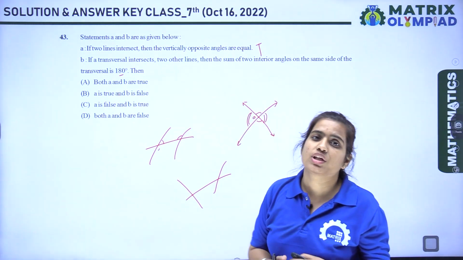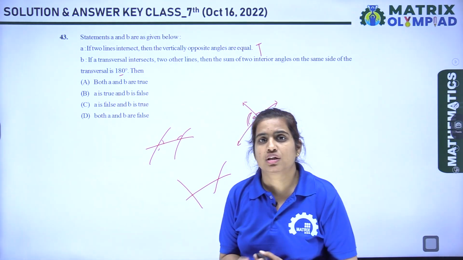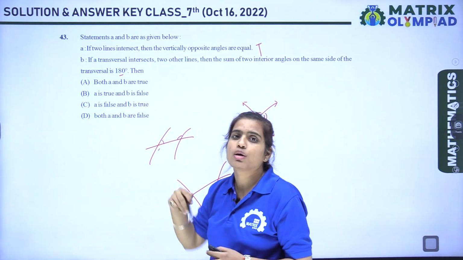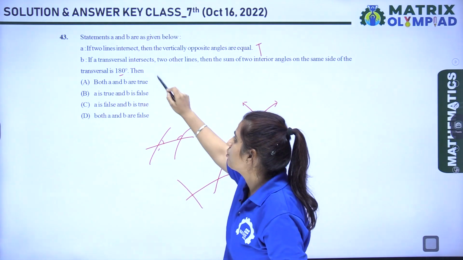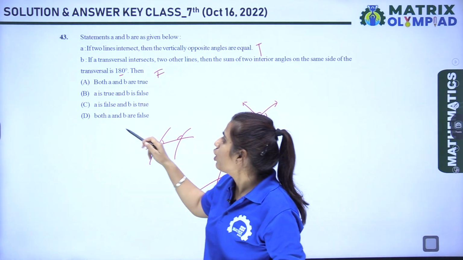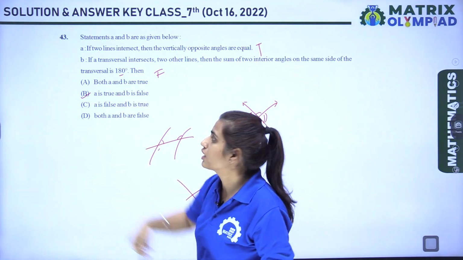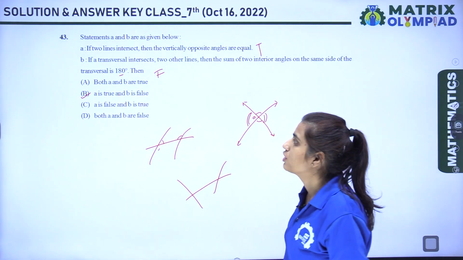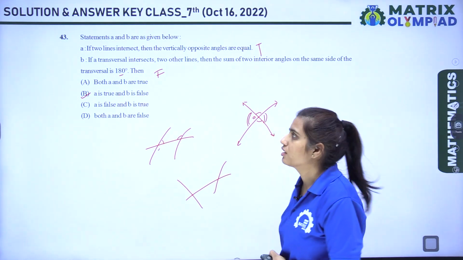As it is not mentioned whether it is a parallel line or non-parallel line, because this condition is satisfied only in parallel lines. So this statement is false. Now let's check the options. Here option B is the correct answer, as A is true and B is false.